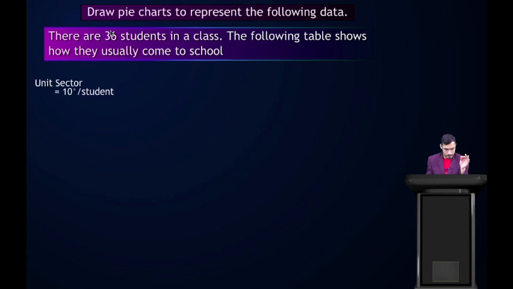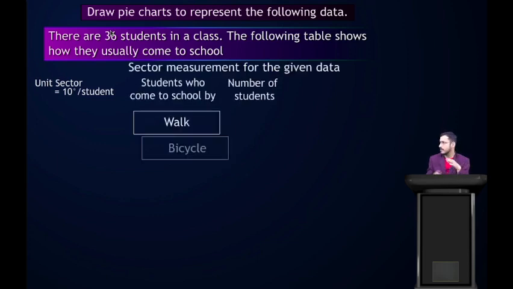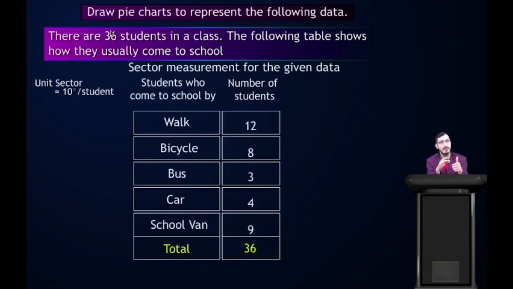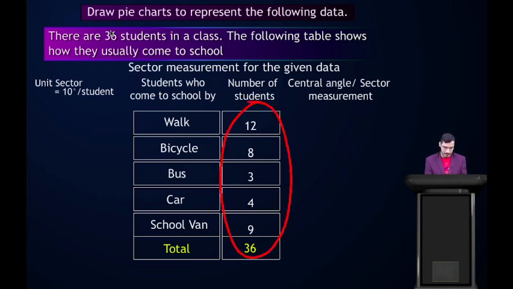Now the sector measurement for the given data: students who come to school by walk, bicycle, bus, car, school van, and the number of students 12, 8, 3, 4, 9. Now the central angles. How can we find central angles? Yes, multiply the unit sector and the number of students.